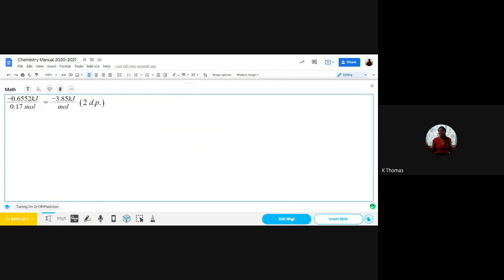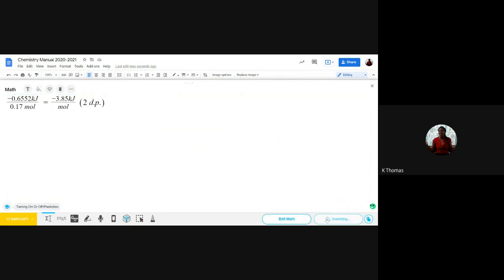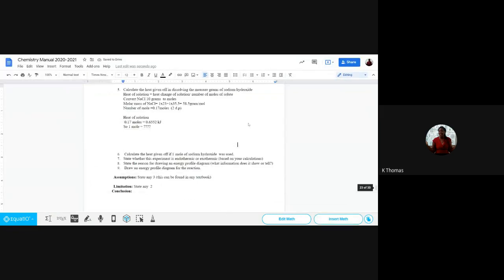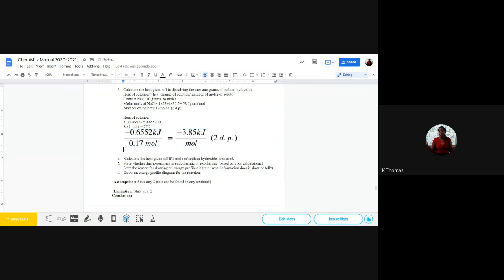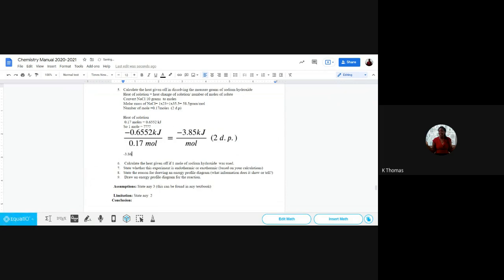I'm actually going to rewrite this properly, because while doing the calculation in the equation it changed my units, and I don't want it set out like that.